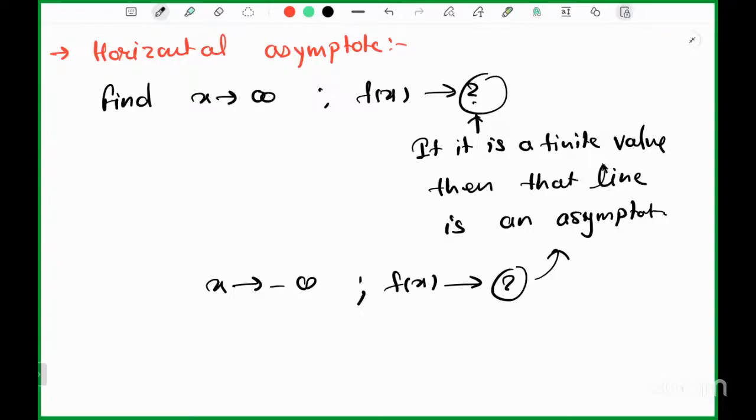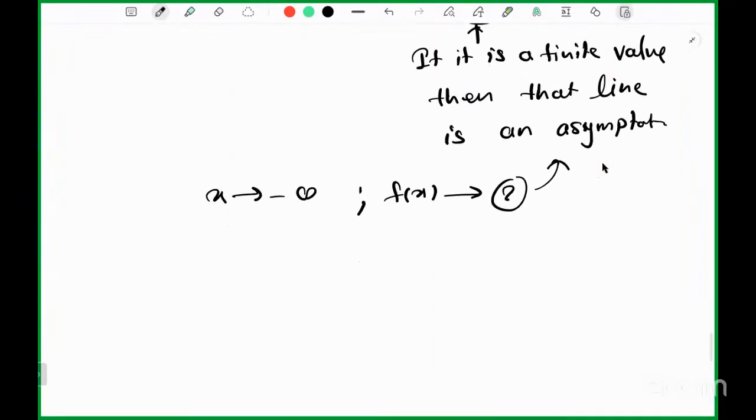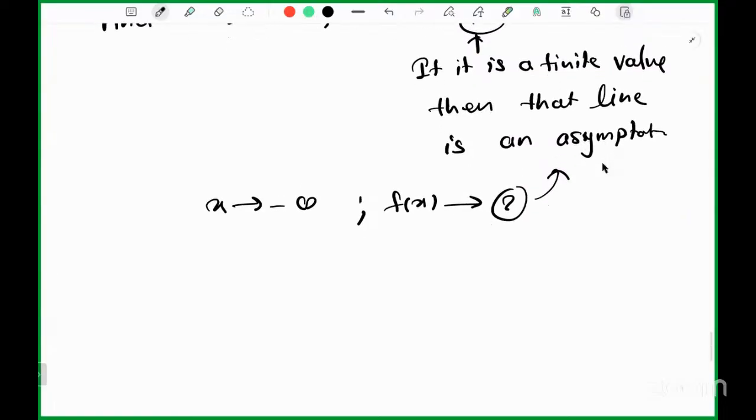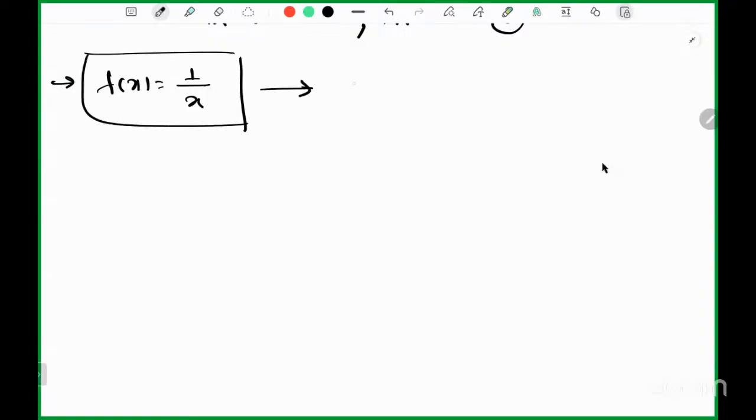And for a vertical asymptote, you have to figure out such lines where again the same type of behavior occurs, that it seems to be intersecting the graph at infinity. You can see the graph of f of x equals 1 by x. So a vertical asymptote you can find by the graph.